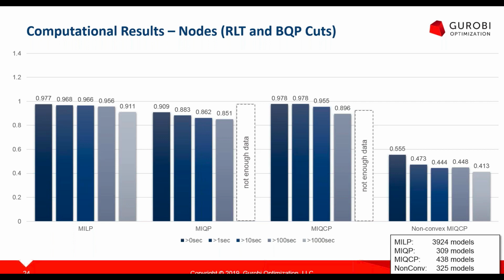For MILPs, we also can apply this for MIQPs, so this is linear constraints and quadratic objectives, or MIQCPs, which is quadratic constraints and also potentially quadratic objective, and also for these non-convex MIQCPs, which Gurobi 9.0 can deal with, but not Gurobi 8.1. So the search tree gets smaller.